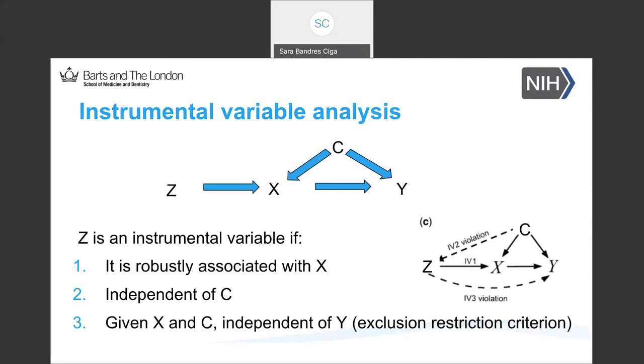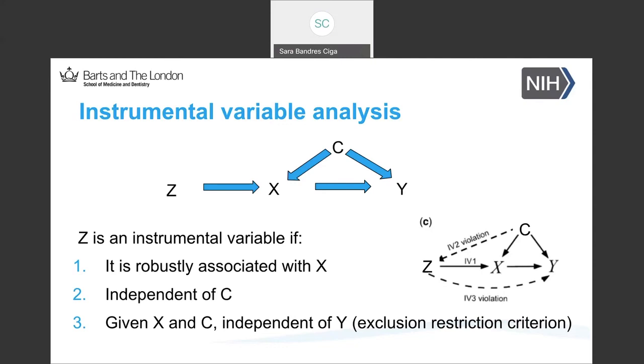I don't think anyone's done any MR on HD, but on HD progression, it'd be quite interesting to do. Exactly. HD progression.